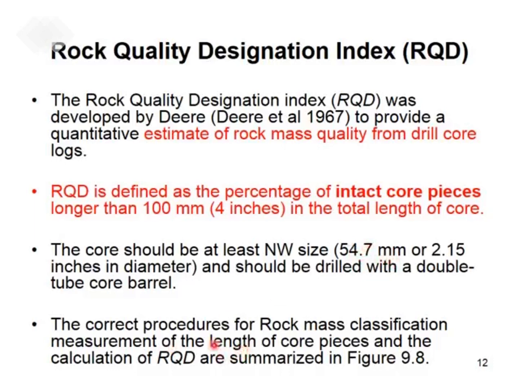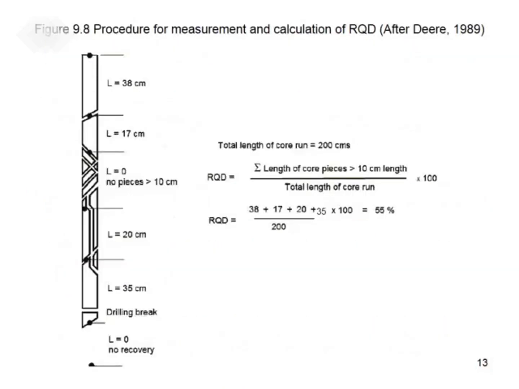So the next slide is about the calculation of RQD. Okay, how to calculate RQD? RQD is based on the length of core pieces that are more than 100 millimeter, or 10 centimeter, over the total length of core. For example, this is your core sample that you get from your barrel during drilling.